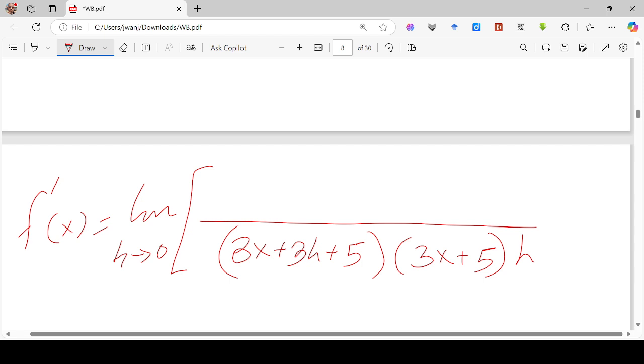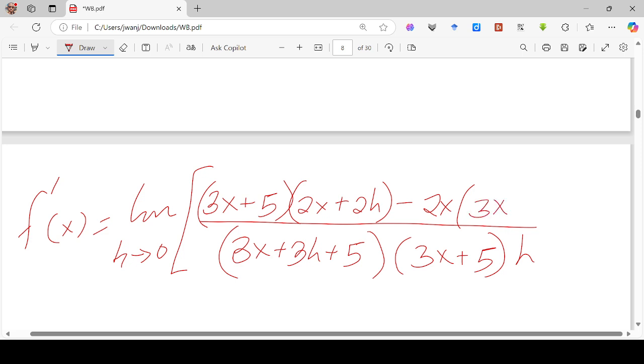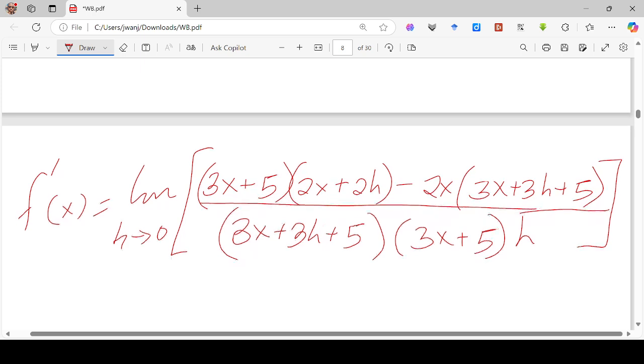So the numerator becomes 3x plus 5 multiplying 2x plus 2h, minus 2x multiplying 3x plus 3h plus 5. So this is how we can write our expression.